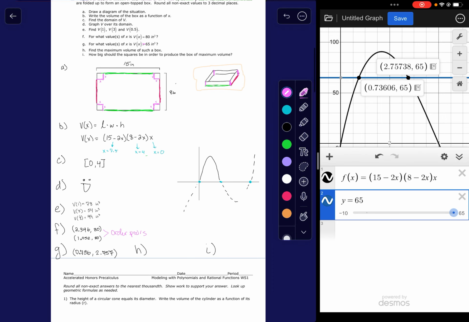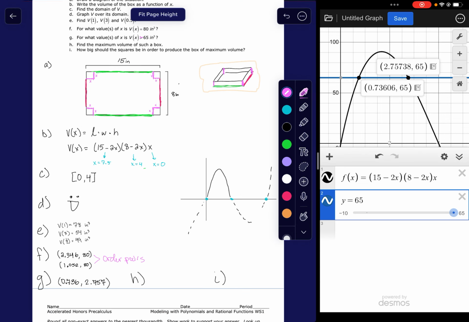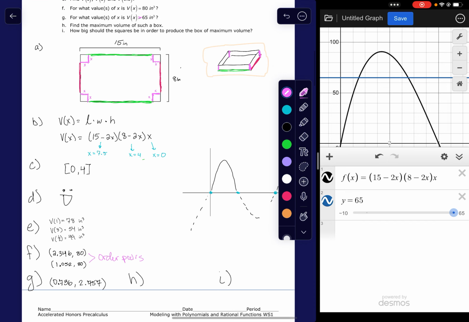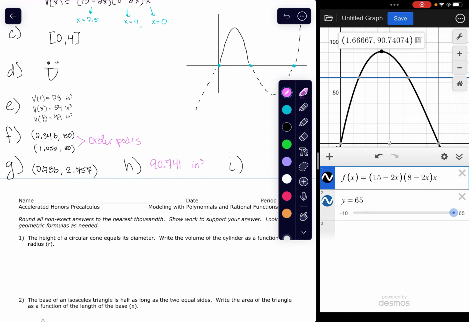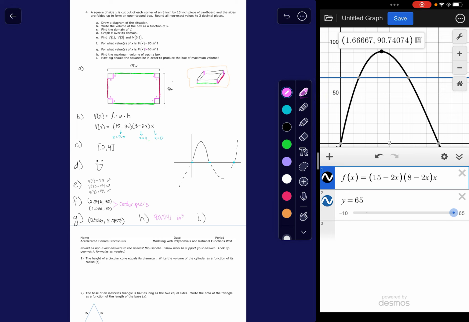Lastly, let's talk about these two ones. Find the maximum volume of such a box. That is this, you wouldn't call it a vertex, but you would call this a local max. So it has a local maximum of 90.741 inches cubed. And it asked us for how big the square should be in order to produce the box of maximum value.